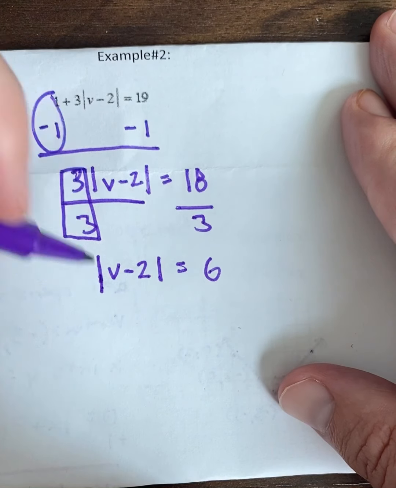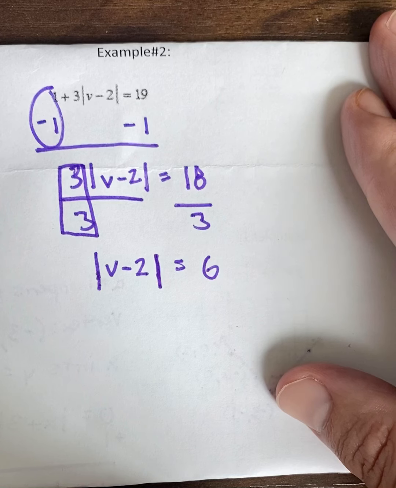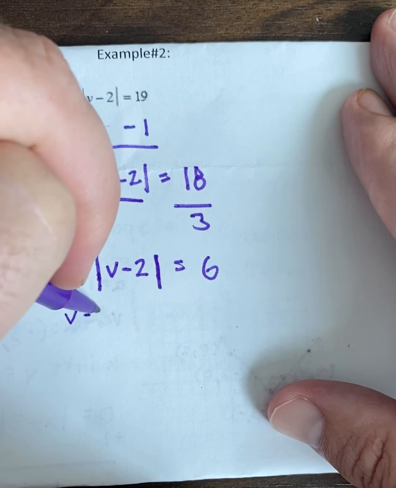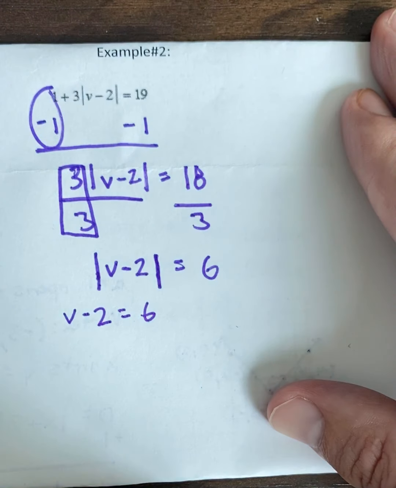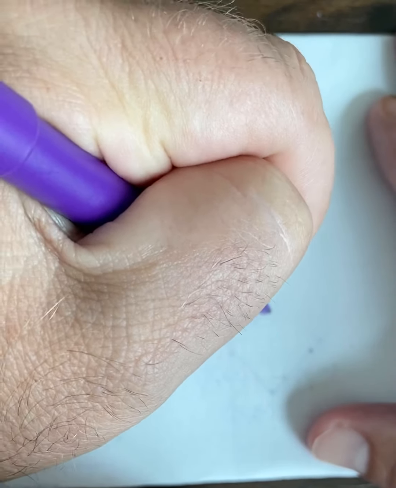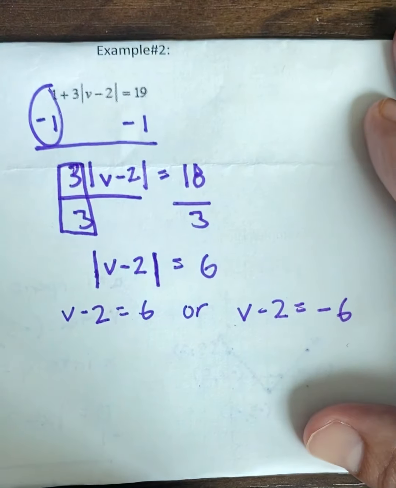Not making my absolute value long enough. They look like 1s. Okay, so now we're going to drop the sign. v minus 2 equals 6, or v minus 2 equals -6.